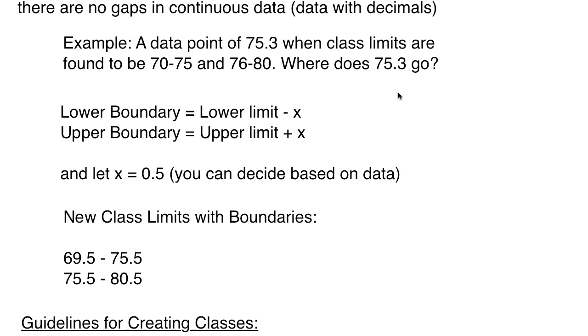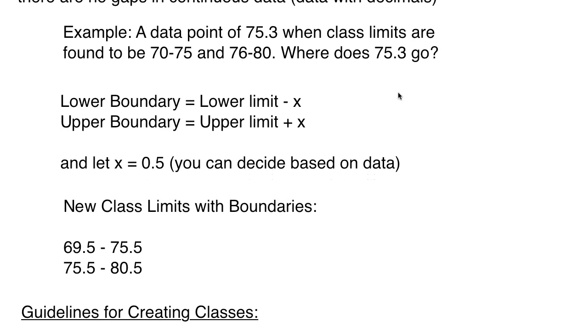So if we put a 0.5 boundary on the class limits, we should be able to capture what we need to here. Now you could run into the same issue where, let's say that you're going out to a 100th place or a 1000th place, you would still need to go even further beyond in order to capture that information. But for right now, we're going to let x equal 0.5. And again, you can see the note here. It says you can decide based on the data.